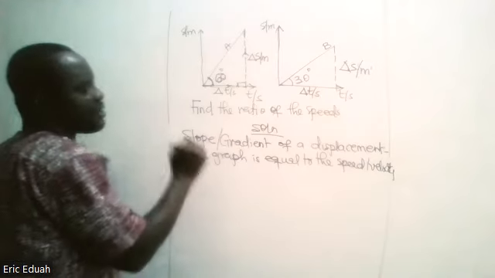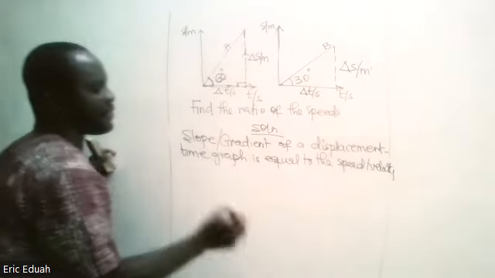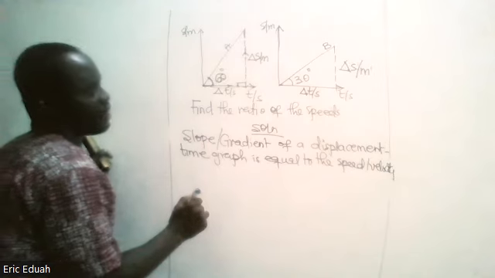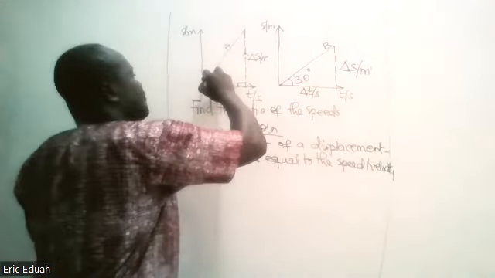So if the slope or gradient of the displacement time graph is equal to velocity, then this is what I have.